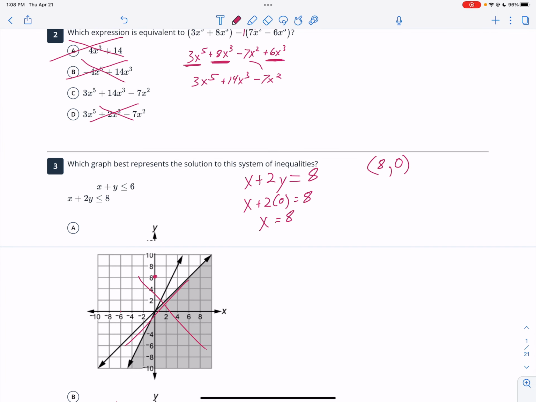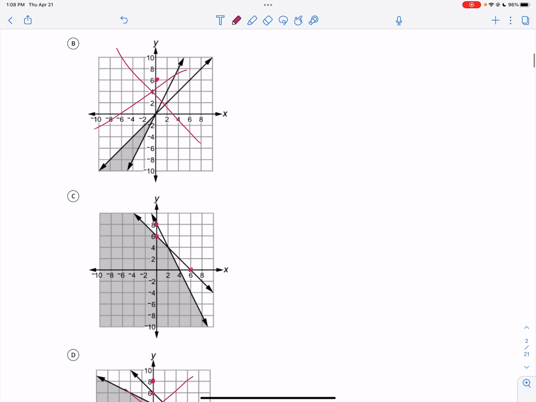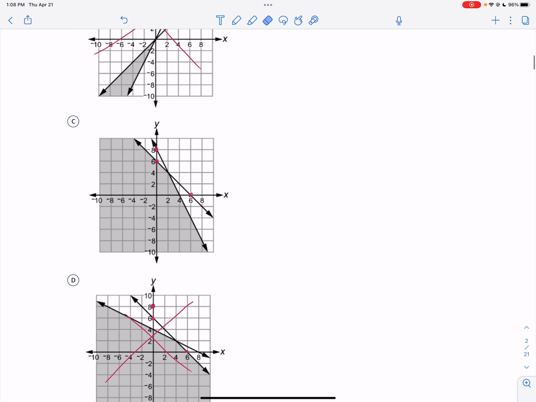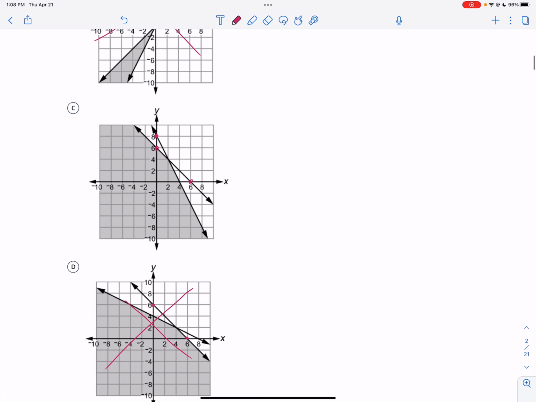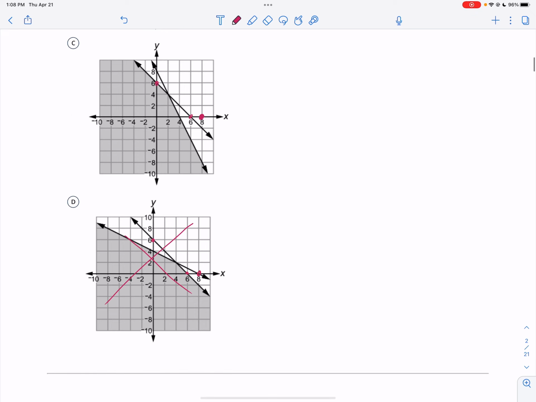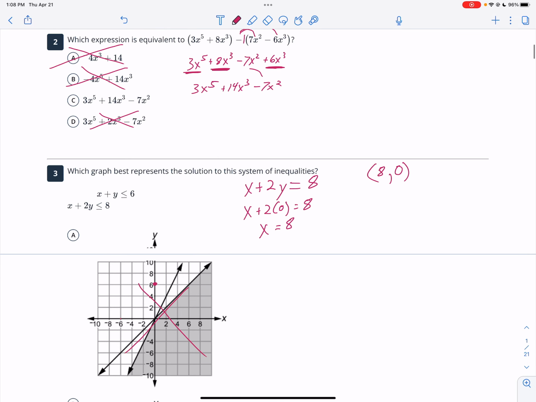Because when I go to find my x-intercept, my bad, y was 0, x right there. So that point must exist on there because these are inclusive. They can equal. So that point must exist.